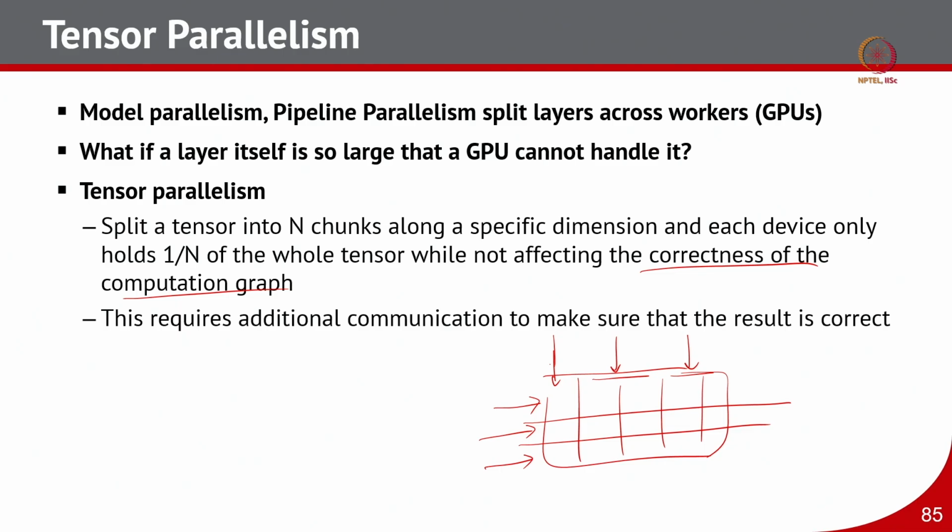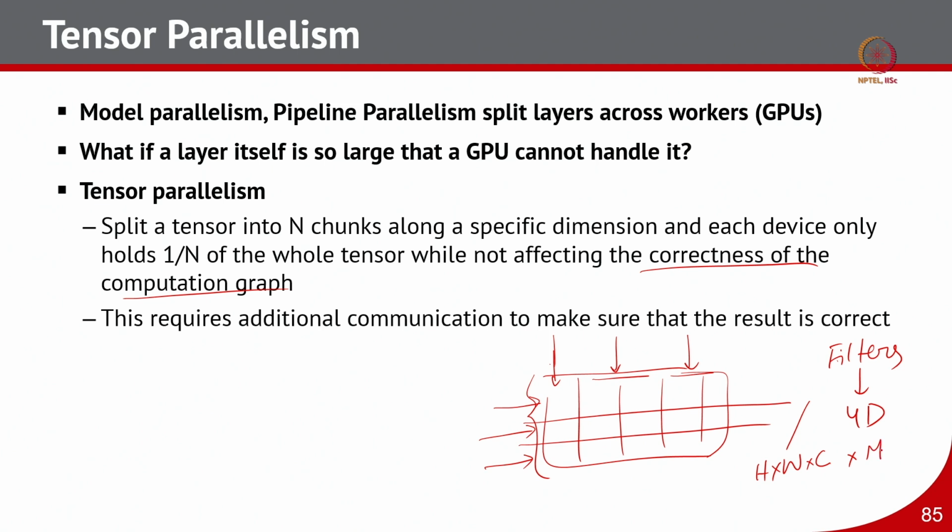So we split the tensor into n chunks along a specific dimension. If we are talking about a convolutional neural network where the filters are 4D tensors, remember the filters are represented by height, width, number of channels, and then number of filters.